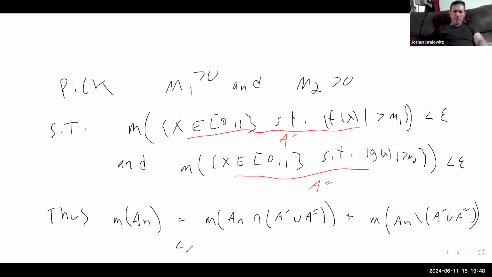Okay, so that's less than, right. So the measure of the first one is at most 2 epsilon. Right. So we're away from this union.